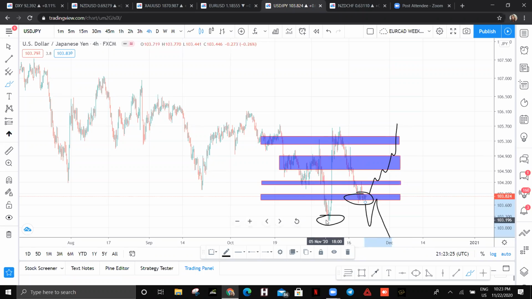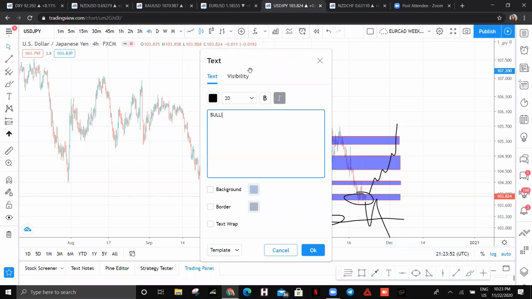That means this low here has to be broken for me to know that this low is no more a support. It's now a new resistance zone. So when this happens, this is how you're going to see the market reaction. But from me, I'm expecting a bullish Euro, sorry, bullish USD/JPY.